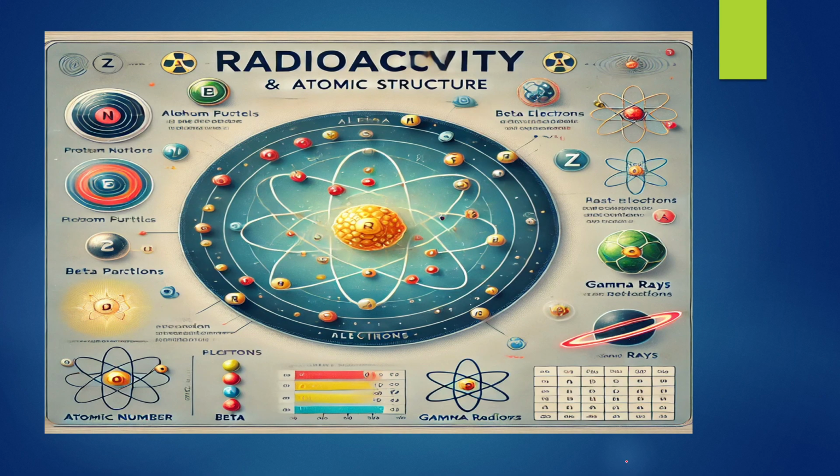This is the atomic number. I blurred everything due to copyright. These are beta electrons and gamma rays. I don't know what kind of rays these others are, so you guys guess and tell me that. I think you all have seen the whole diagram.